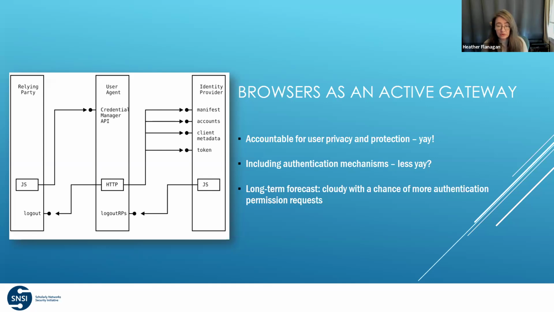That makes life really interesting. We want Google and Apple and Mozilla to be accountable for their part in protecting users, protecting their privacy, protecting the security of their data. So yay. But all of the protocols that are commonly in use today do not expect the browser to be doing anything.